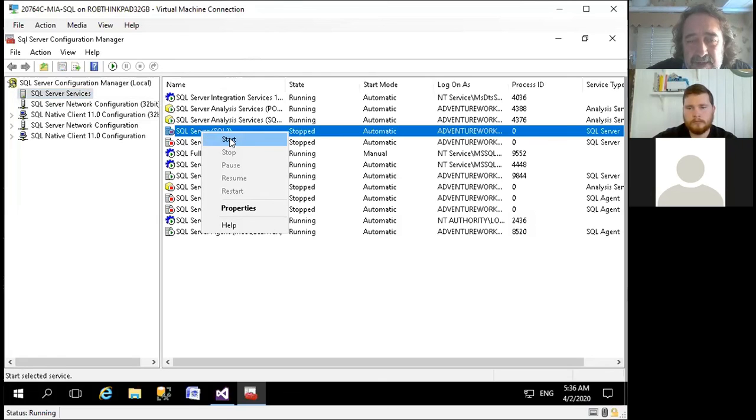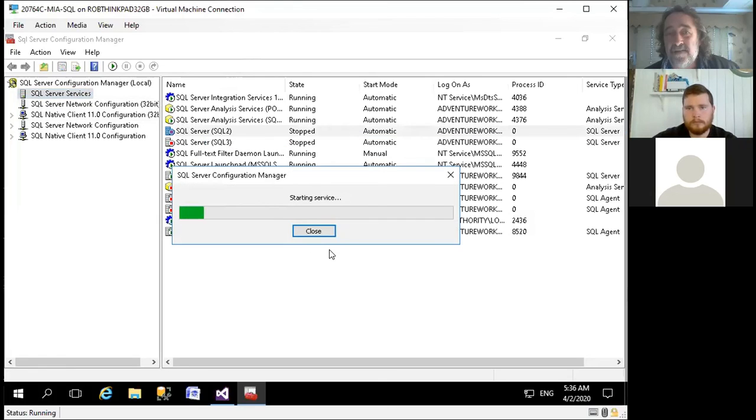So we can right-click and start. And if I've broken this correctly, it'll fail. The fact that it's taking a while to start is a good indication that it's going to fail.